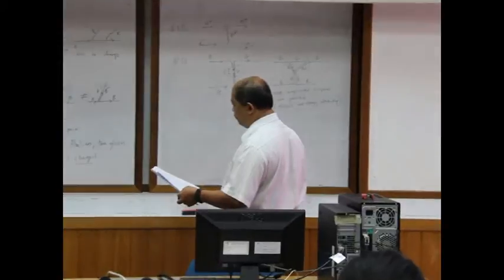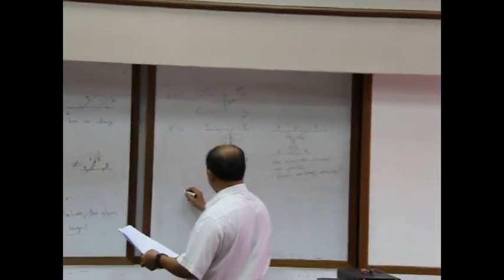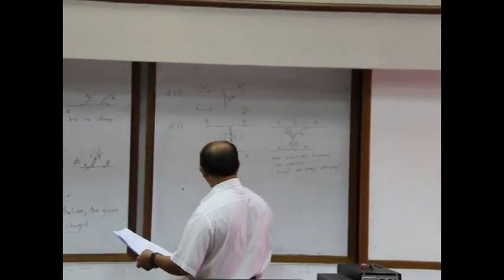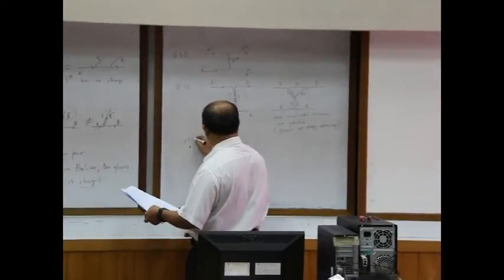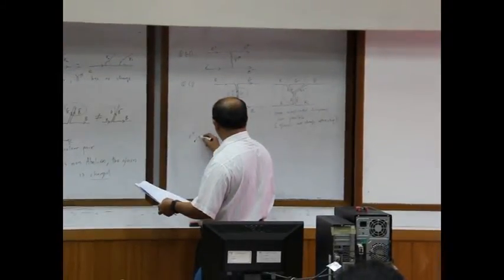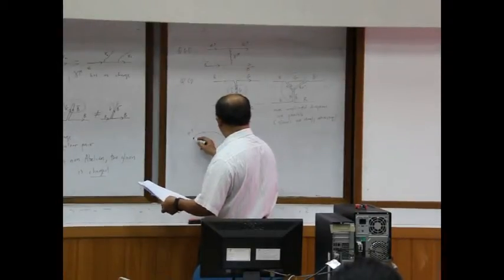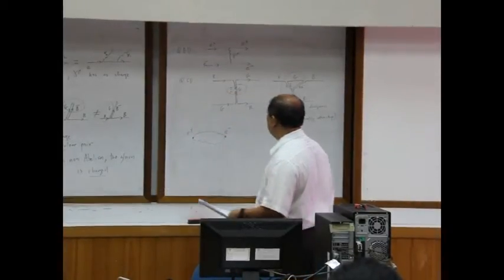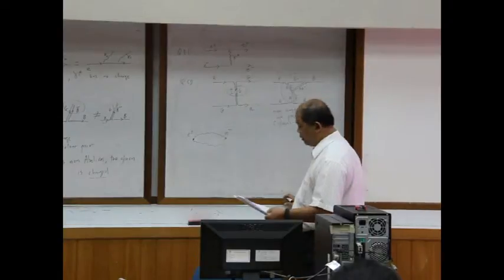So as a comparison, if you have an E plus E minus interaction, for example, you can have, say, one or two photons interacting between E plus and E minus.